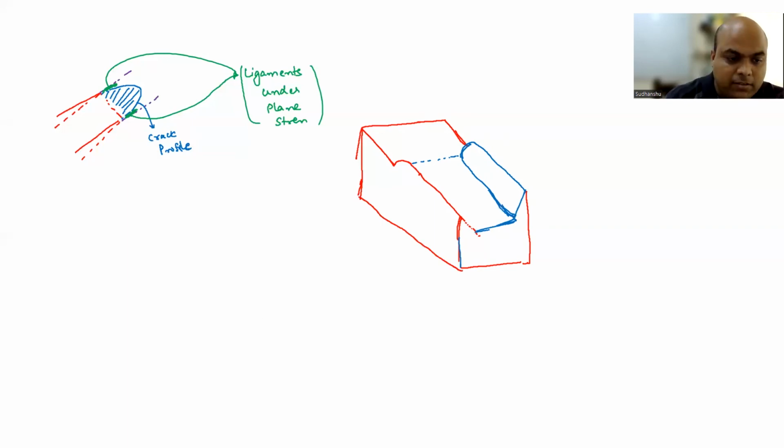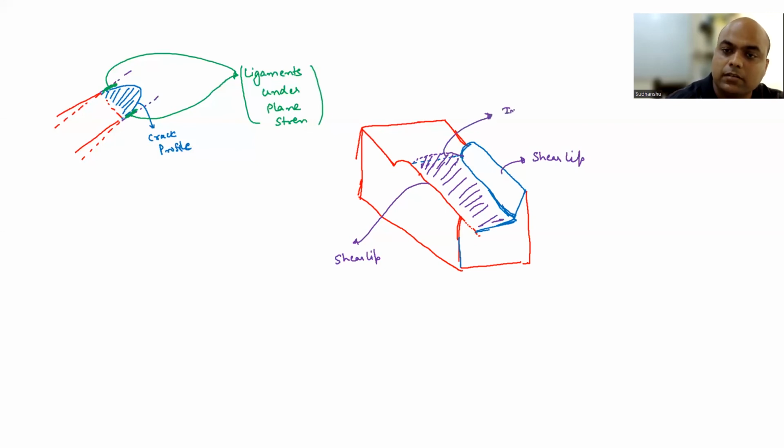Okay. So now if you see, you are going to have a crack here. This is after fracture, you have fractured the sample. So these two are your shear lip. This point also, shear lip. Ideally, it should be something like this, I'd say. Right? And this is your interior, which is under plane strain condition.